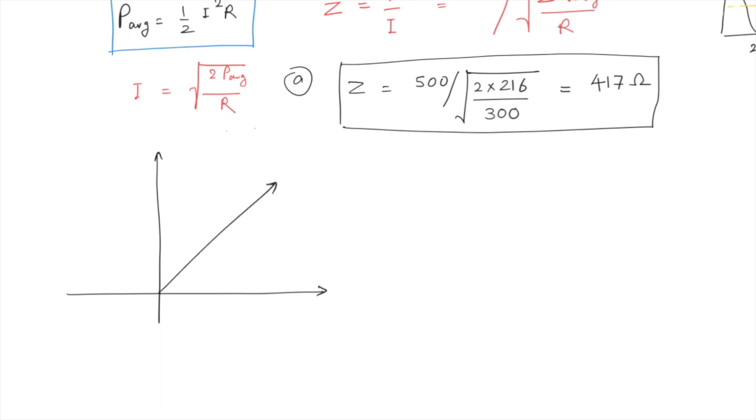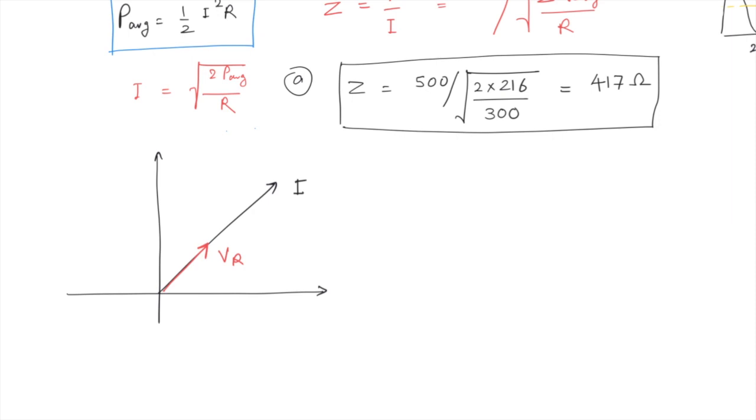So they rotate together. So from that we can take, if this is my I, then the same will be the direction of VR. But if we have an inductor in the circuit, then we know that the voltage phasor leads the current phasor by 90 degrees.